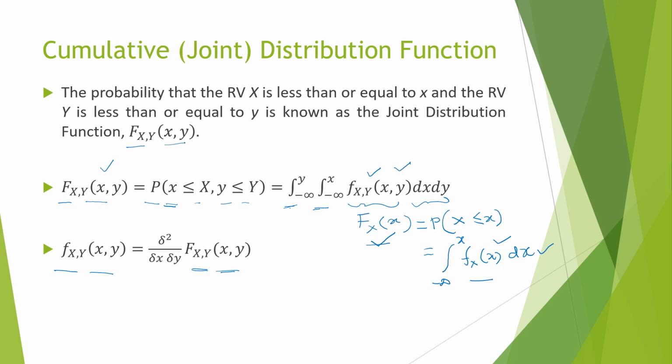For a single random variable, we have already seen that fx(x) is equal to d by dx of Fx(x). The same result can be extended to two random variables. This is how we obtain the joint PDF from the cumulative distribution function.